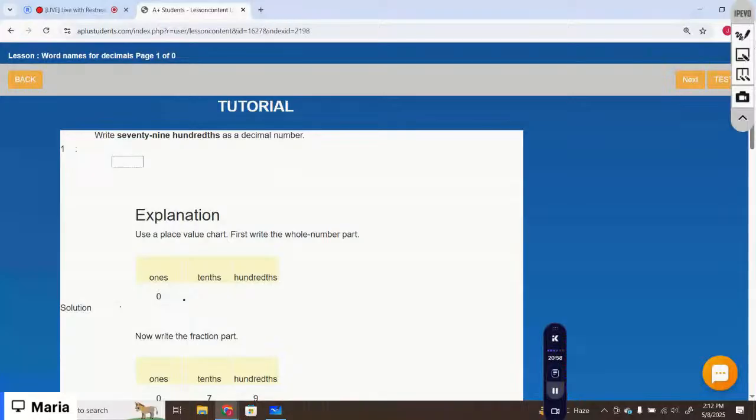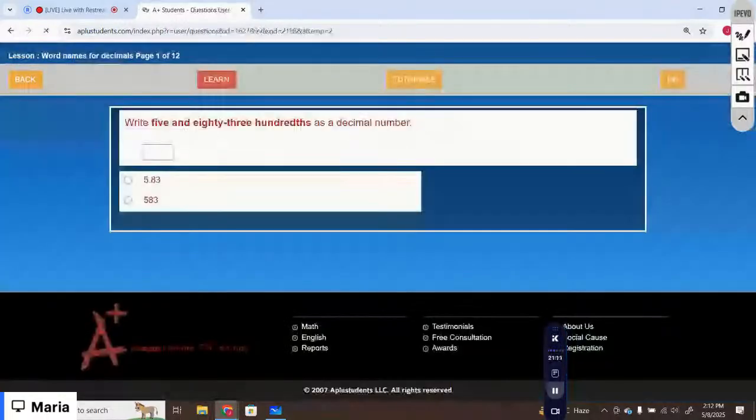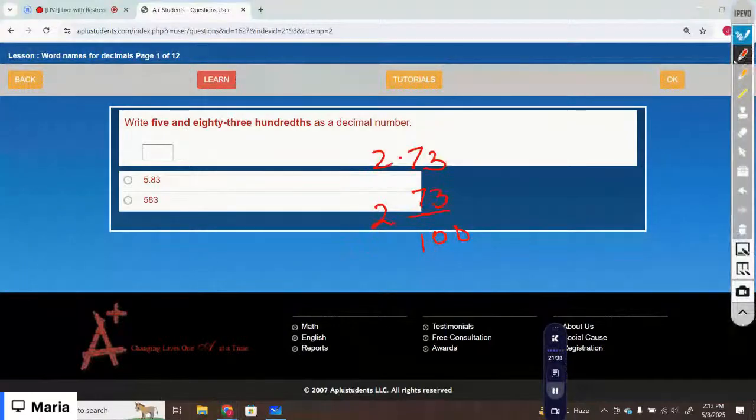That is 0.79. Let's start the questions.